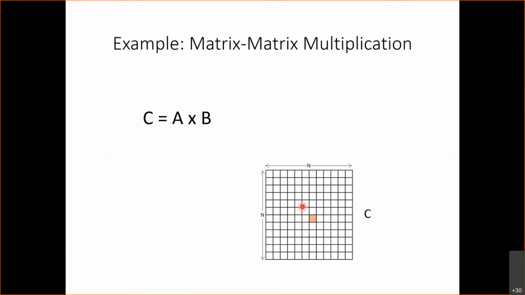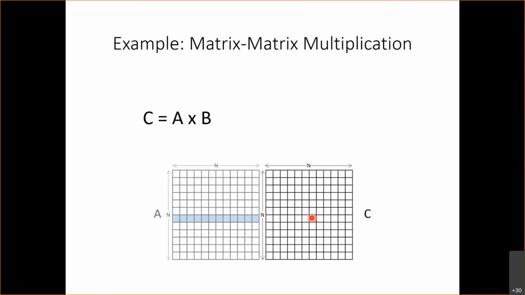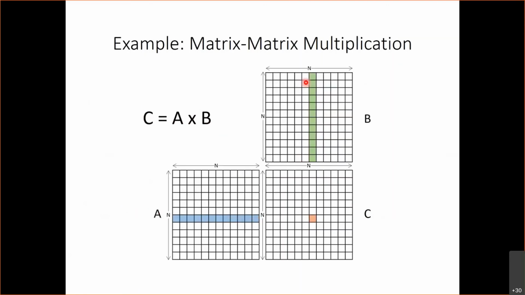Every element in the output matrix C corresponds to the dot product of the corresponding row in A and the corresponding column in B. If I multiply a matrix A with a matrix B to get a matrix C, for every output element in C, I'm going to do a dot product of the corresponding row in A with the column in B.